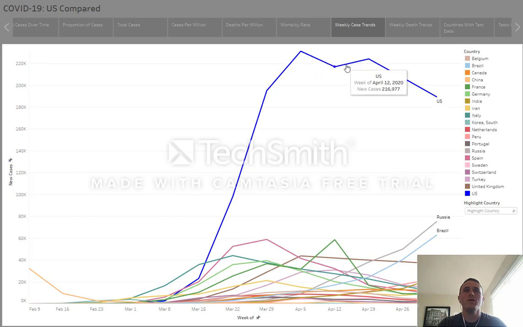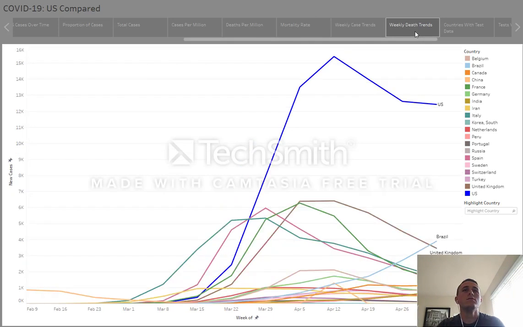But there's an overall slowly going down trend here. We'll see how that is now that things are reopening. But we can also see countries such as Russia and Brazil, India, Peru that have an upward trend. So this is indicating the US is getting better while some other countries are getting worse.